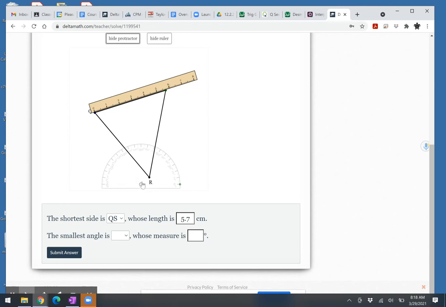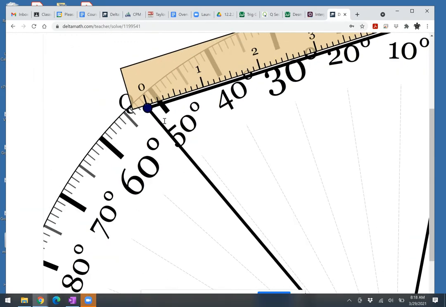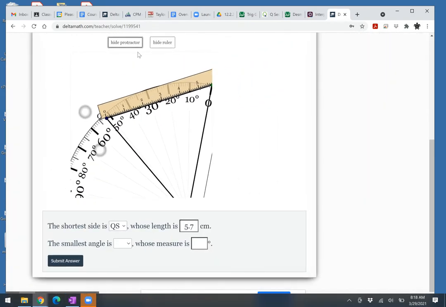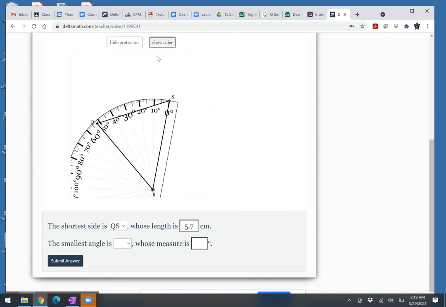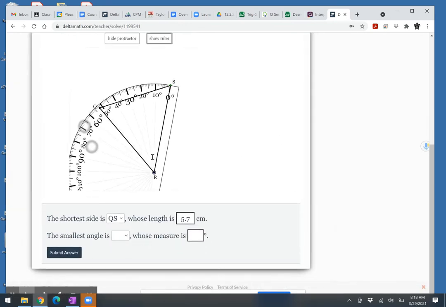I'm going to want to, let's say I put this there, and I can bring this right there. If I hide the ruler, this to me looks like it's 51, 52 degrees.